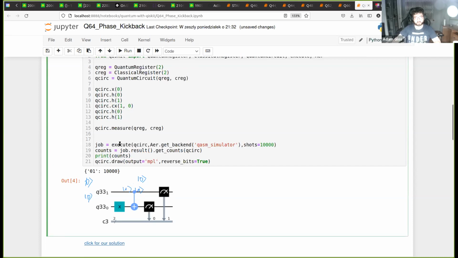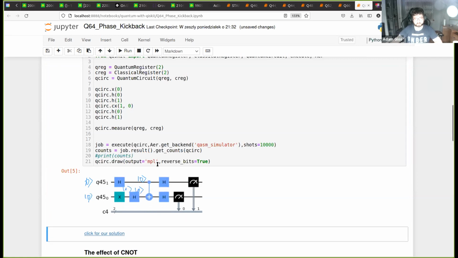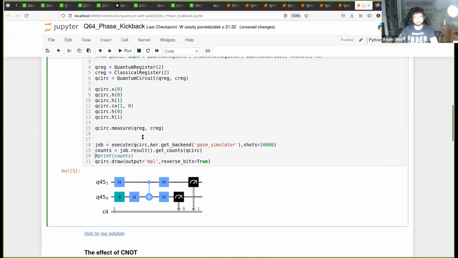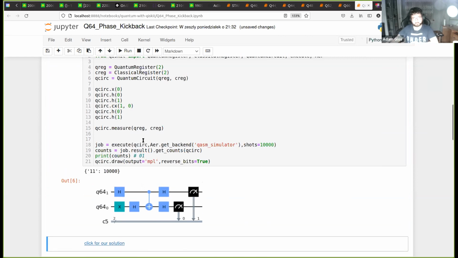But what if we apply Hadamard like this? So you remember that previously it was 0, 1, but now it is 1, 1. What happened is extremely strange, and is very natural to quantum computing.